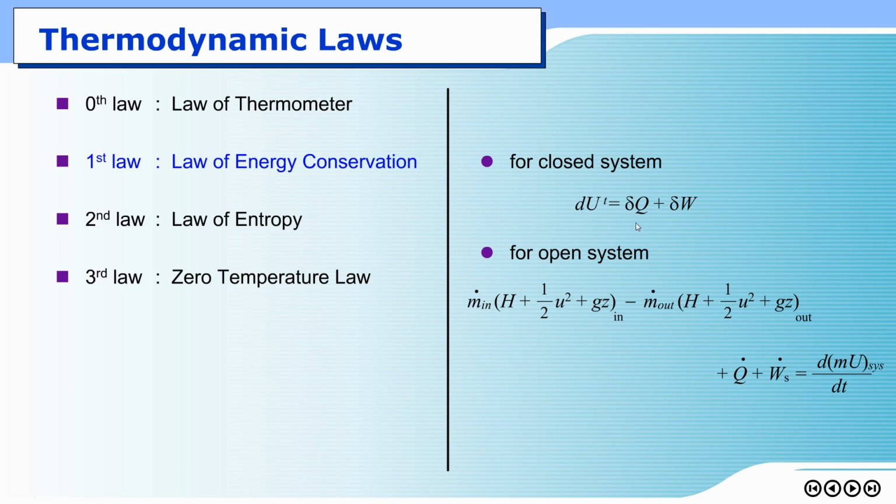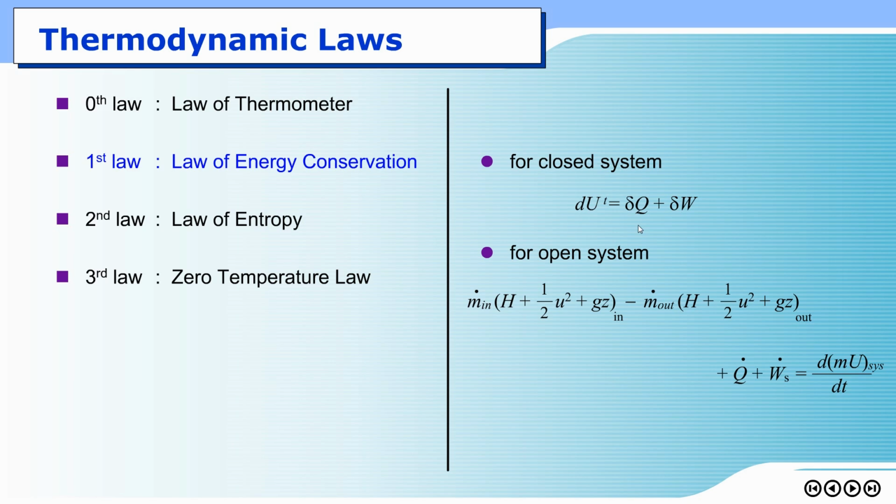On the right-hand side, this delta is the amount of energy transferred as heat or work. We use differential here to represent small change, and therefore on the right-hand side, the delta in Greek means that the heat and work transfer is in small amount. So you transfer some amount of energy into the system, making the system have an increased amount of energy inside.